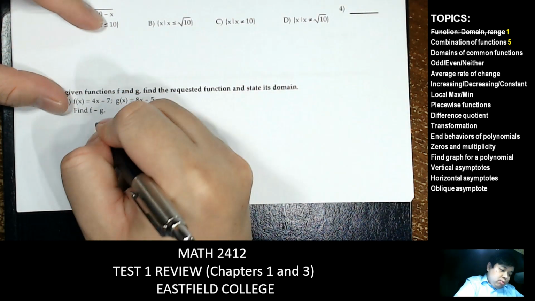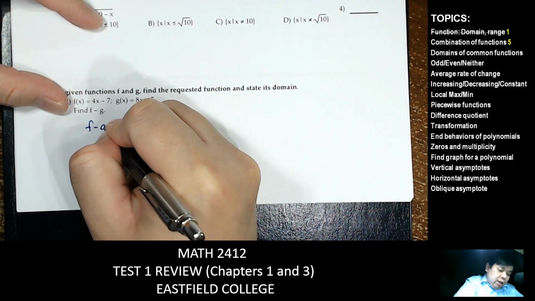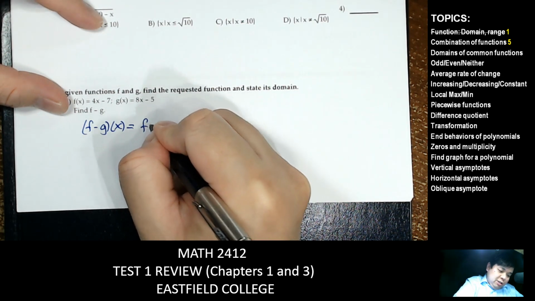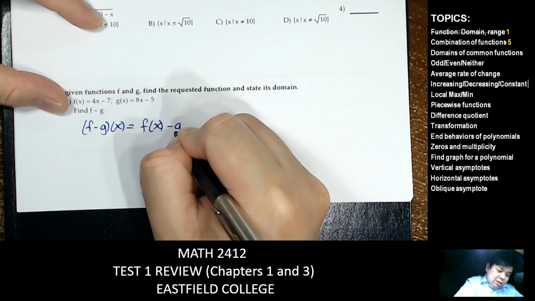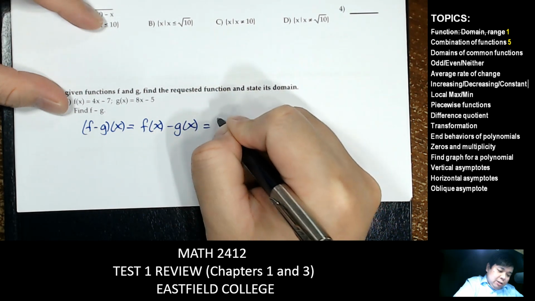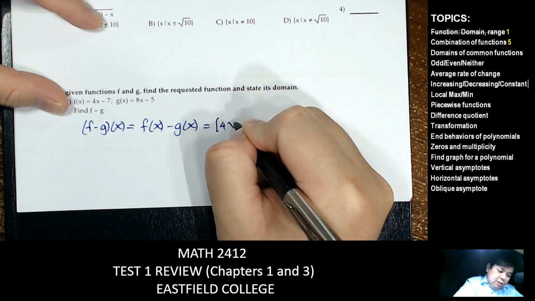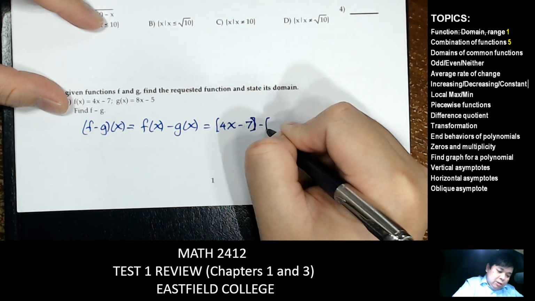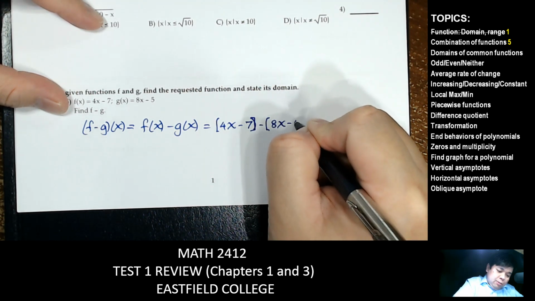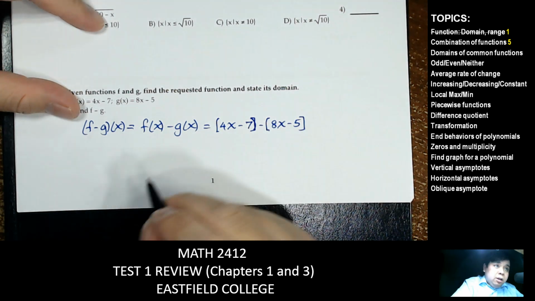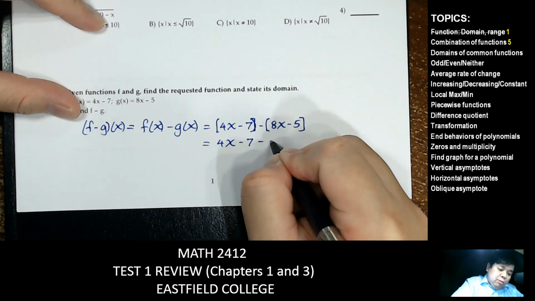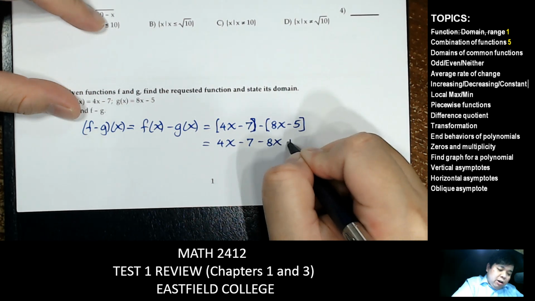Then we just subtract the functions pretty much. So 4x minus 7 minus (ax plus 5).